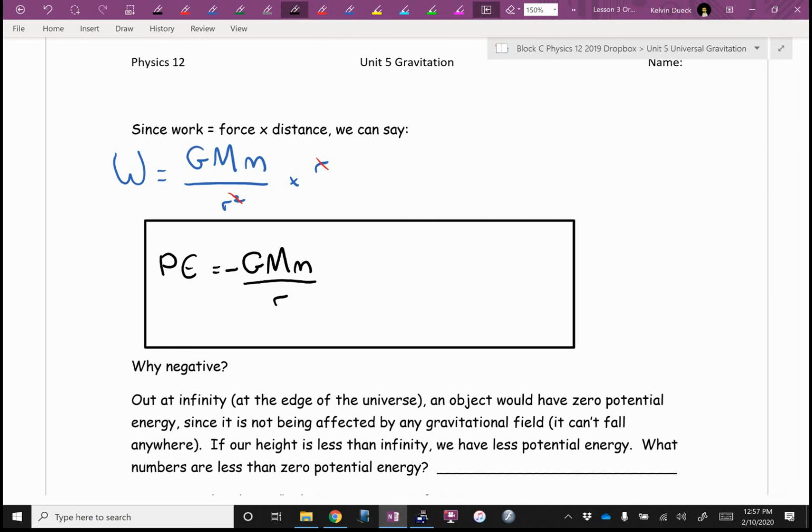Would it still fall? Yeah, gravity would be weaker up there, but it would start to fall. And in fact, it would accelerate because the closer it got to the Earth, the stronger gravity would get. It would have potential energy. Where would it not fall? Out at infinity. So far away from the Earth that the gravitational field is zero. So we talk about relative to zero at infinity.